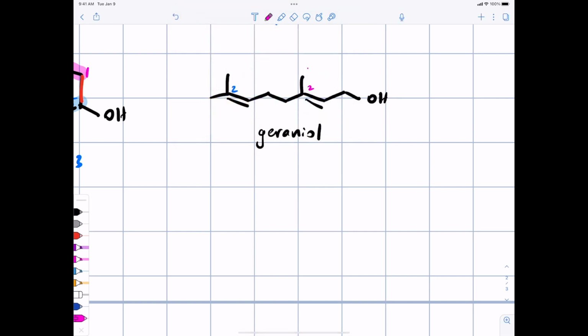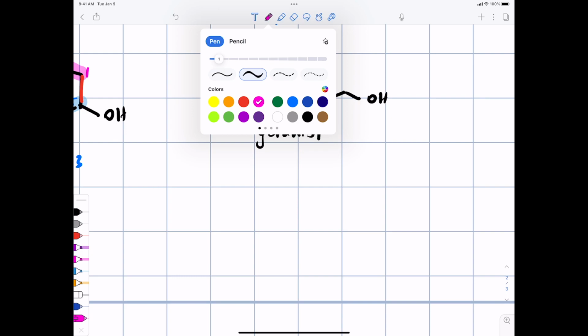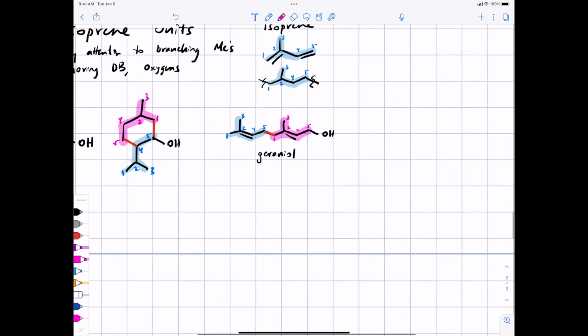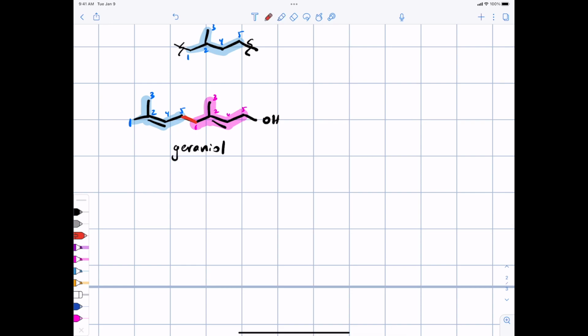We'll call the branching methyl groups 3. And then everything you fill in relative to the branching methyl group, 1, 2, 3, 4, 5. Here is a bond between isoprene subunits. This is the first subunit, this is the second subunit. All right. And there are others we could do.